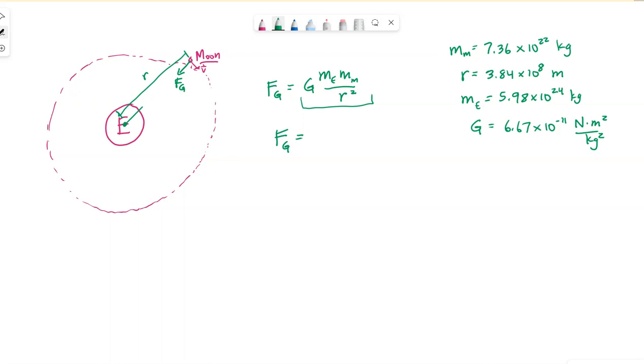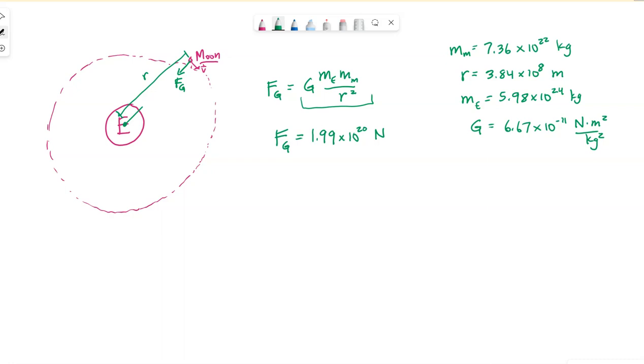Okay, I'm getting 1.99 times 10 to the 20th newtons. Now, conceptually, I have no real grasp of force of gravities when we're talking about these astronomical distances.